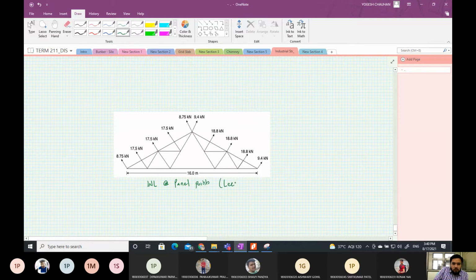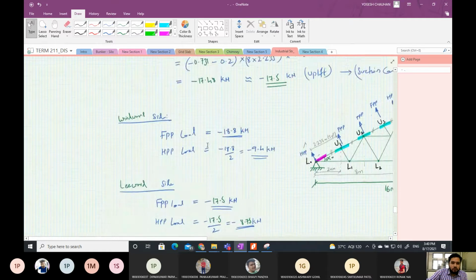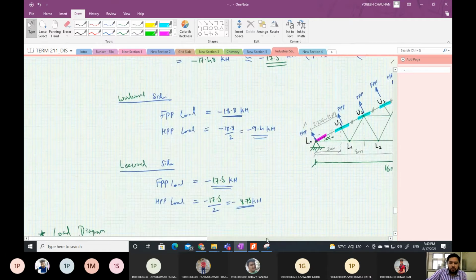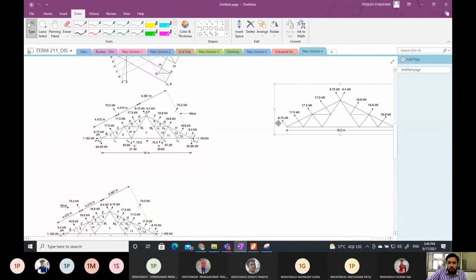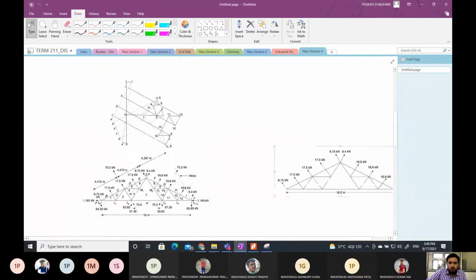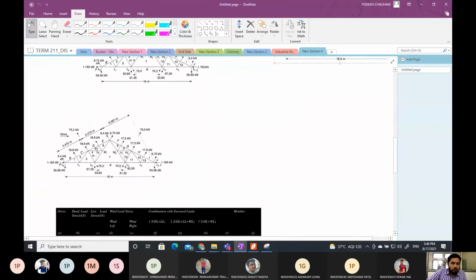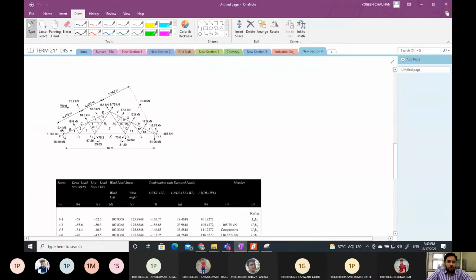But this is leeward side, wind acting on leeward side. 17.5 and 8.75. Similarly, we can have this diagram.